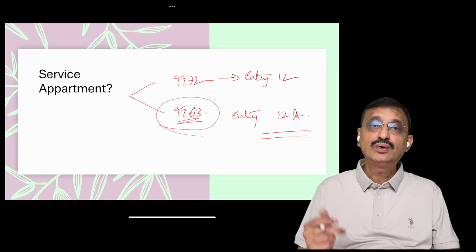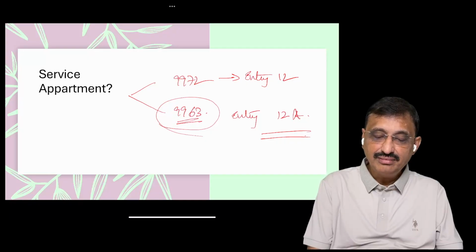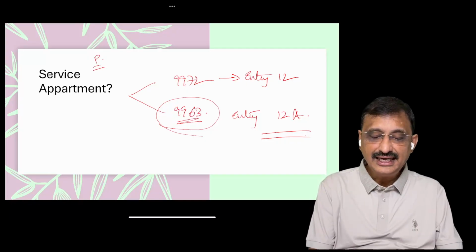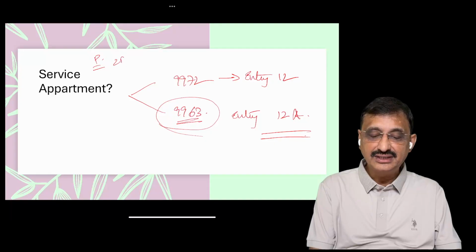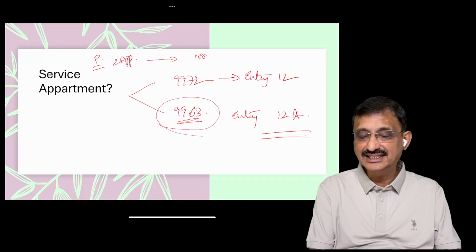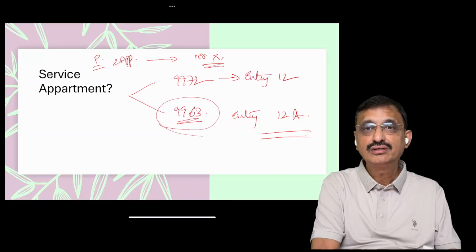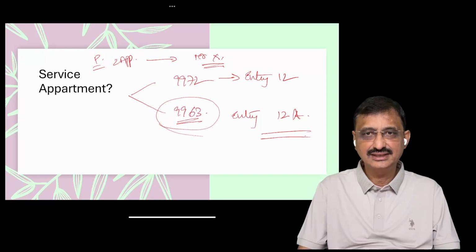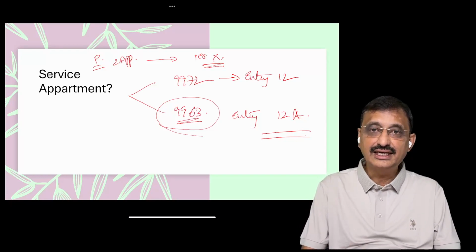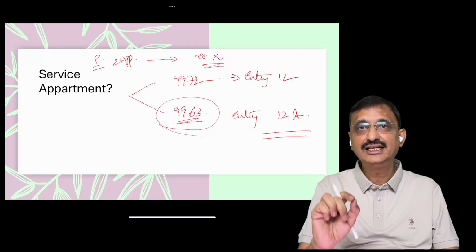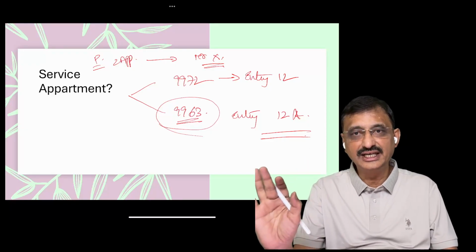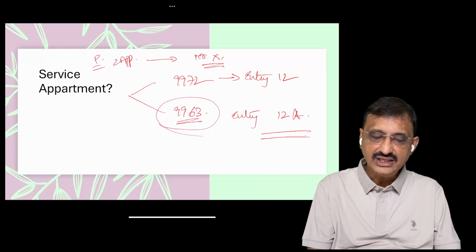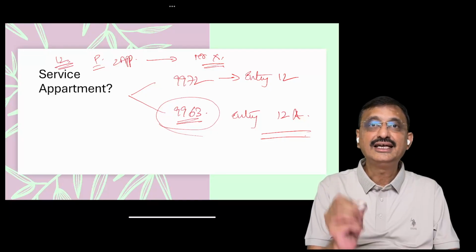Okay. Now, let us say one Mr. P has two apartments, and he gave these two apartments to Mr. X on lease or rental basis. Here, it is a residential dwelling and it will be used for residence only. Then he can examine if he can get exemption under entry number 12.